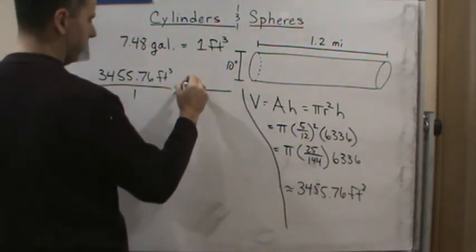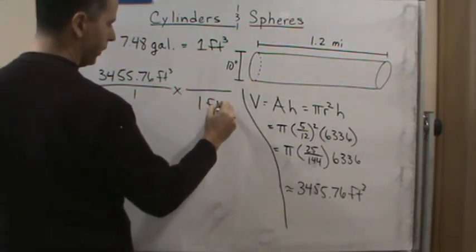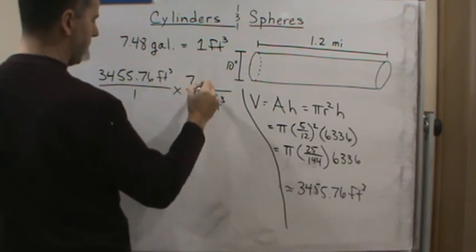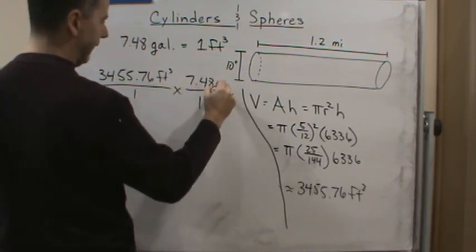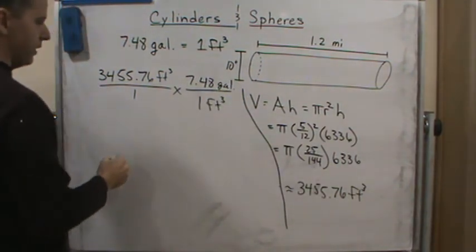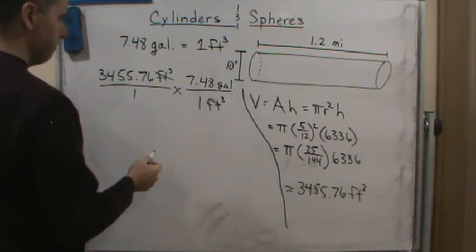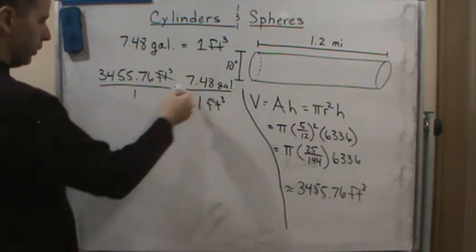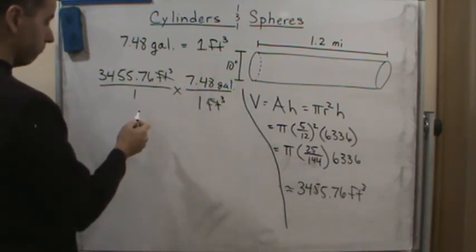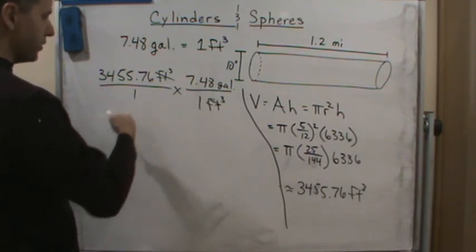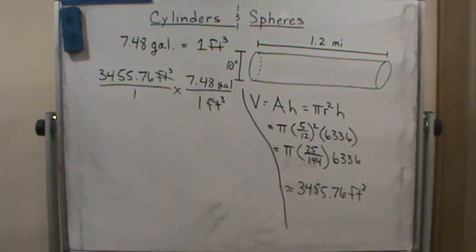We know that 1 cubic foot is equal to approximately 7.48 gallons. And so, of course, these are going to cancel. We end up with gallons, which is what we want. And now all we're going to do is multiply. And when we multiply it, we get approximately 25,849.